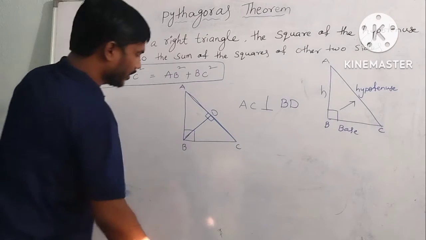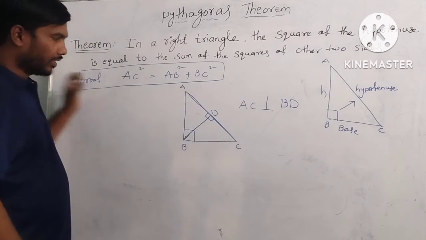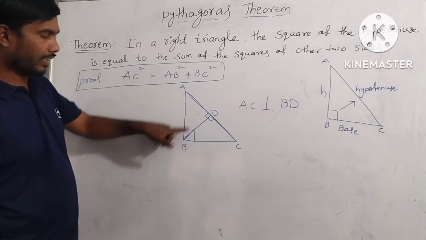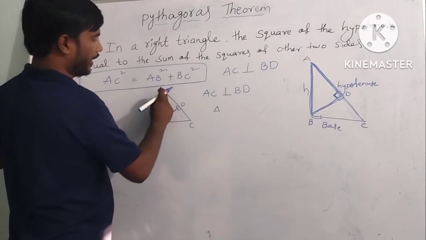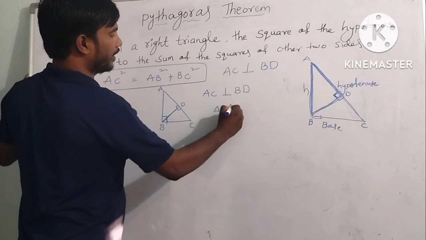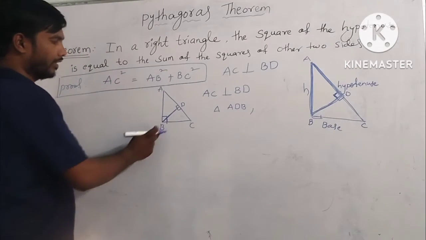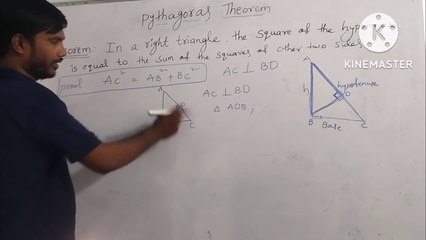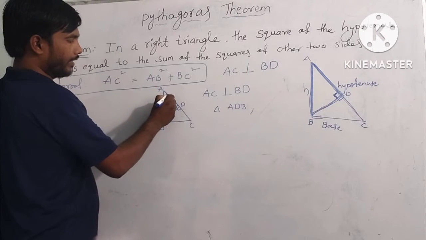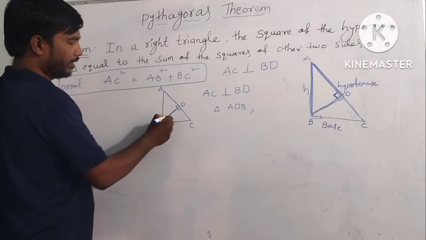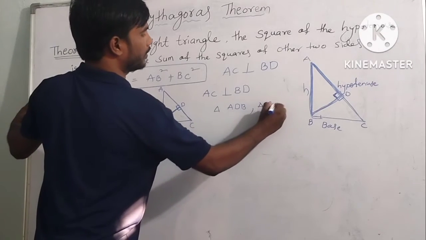Now what will happen in a right angle triangle if you draw a perpendicular? We get triangle ADB and another one, triangle CDB.